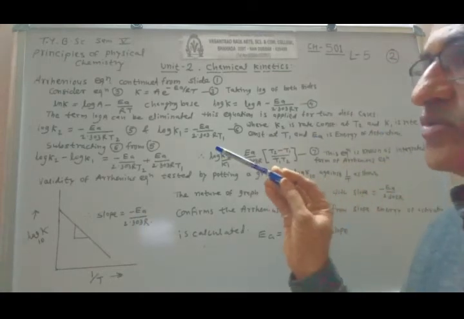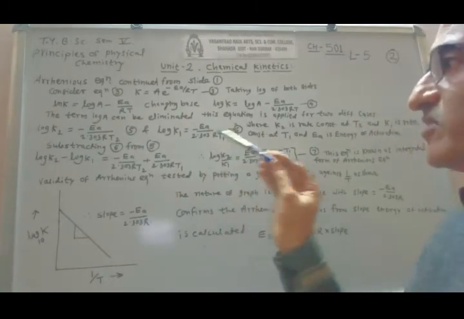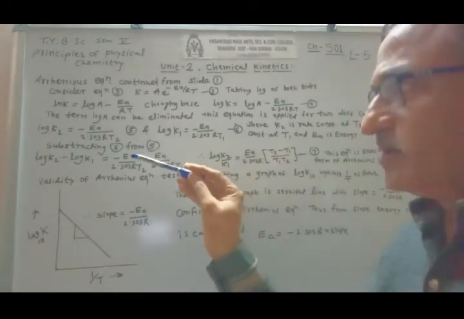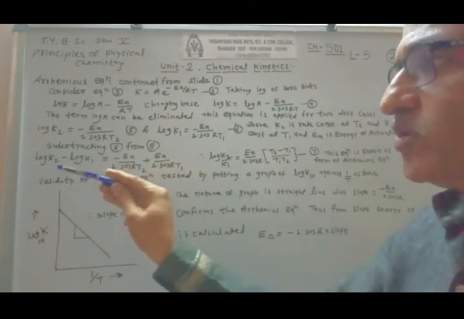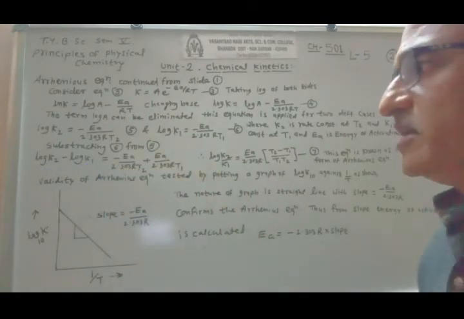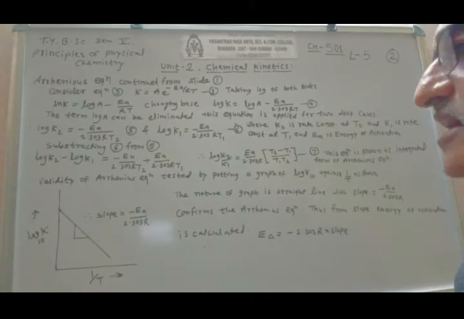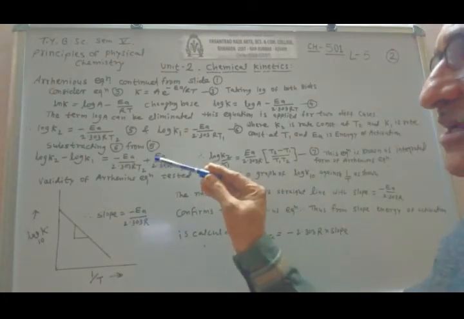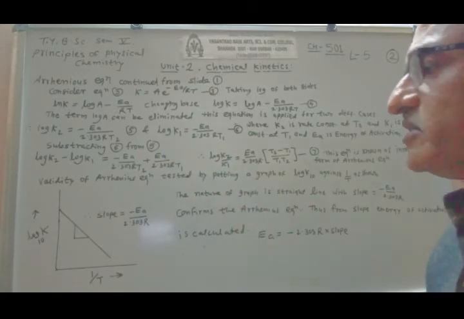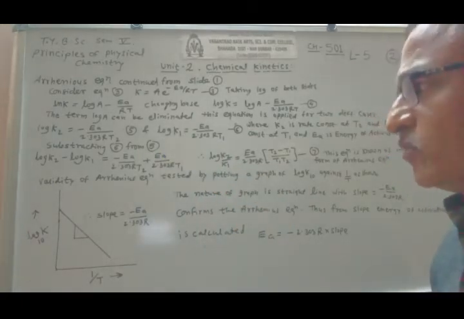Now subtracting equation number 6 from equation number 5, we have log k2 minus log k1 is equal to minus EA divided by 2.303 RT2 plus EA upon 2.303 RT1.